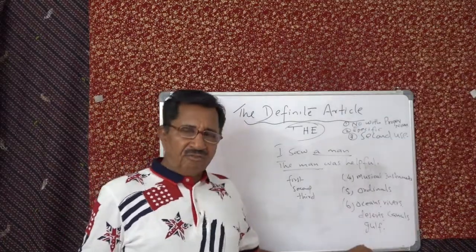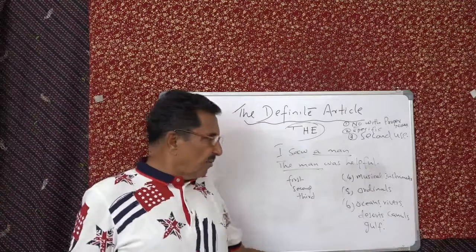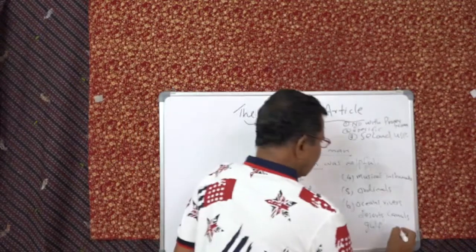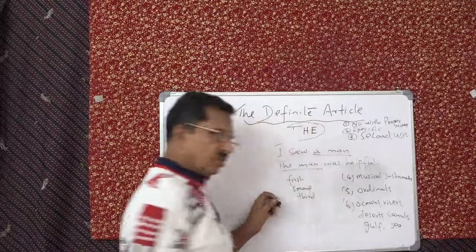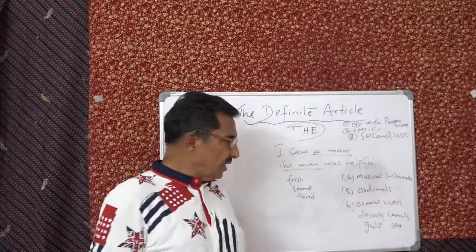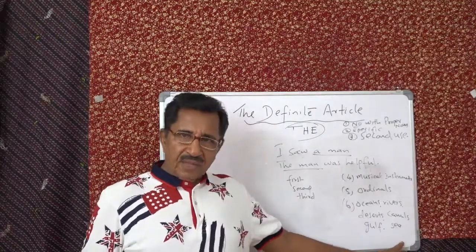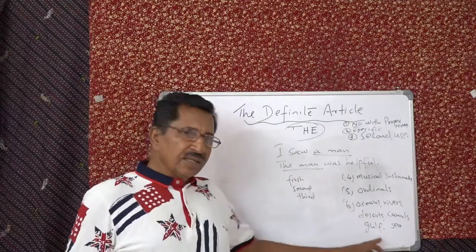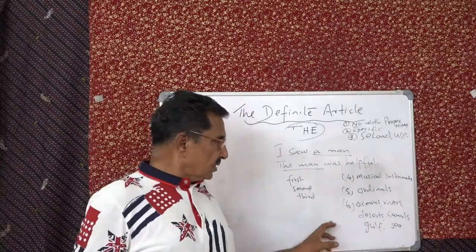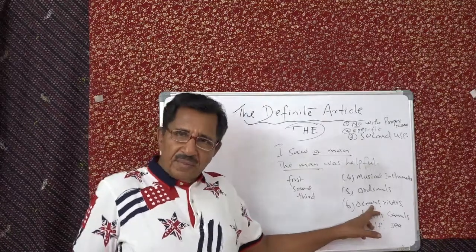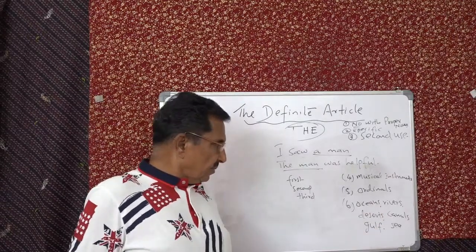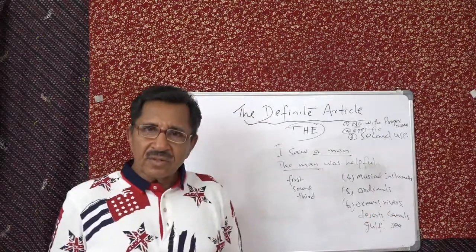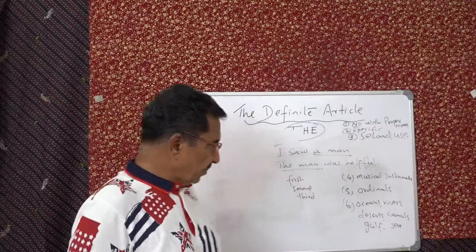The Persian Gulf. The Mediterranean Sea. Yeah, sea also. The Ganges. Ganga. The Ganges. The Brahmaputra. The Kaveri. Understand? The Kaveri. Then desert, the Sahara. Oceans, the Indian Ocean. The Pacific Ocean. Gulf, sea, canals, deserts. We use the. Understand?